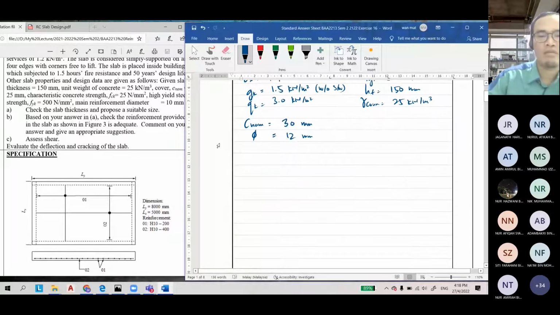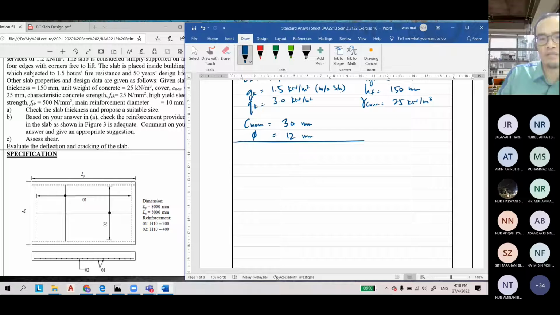The steps are just like the design of the one-way simply supported slab, as in exercise number 14, but the difference is how to determine the bending moment, and about the D and the detailing.